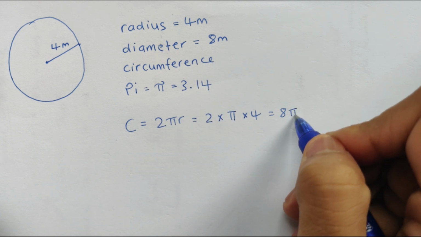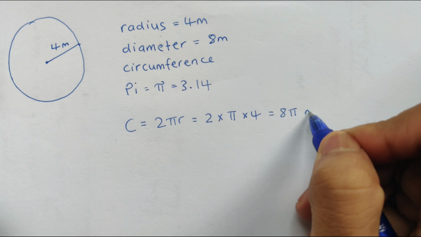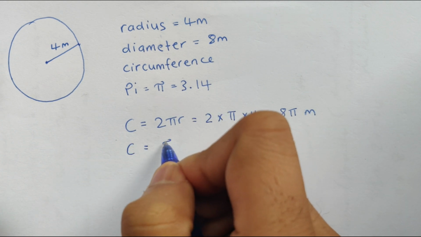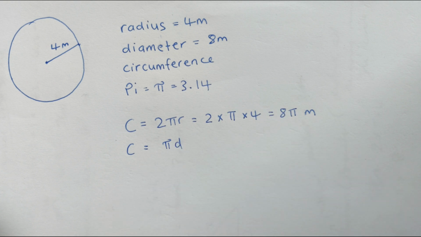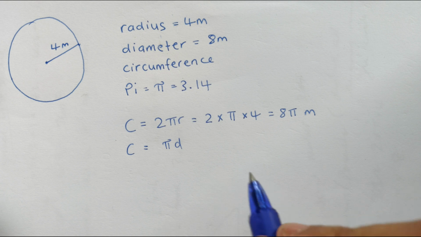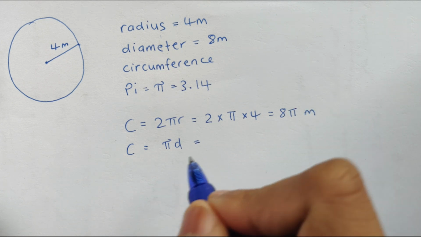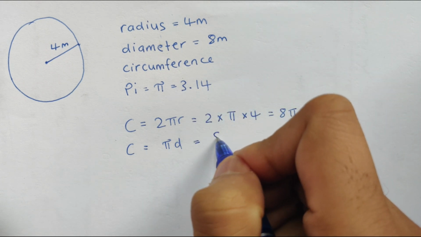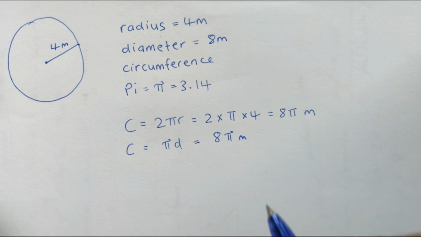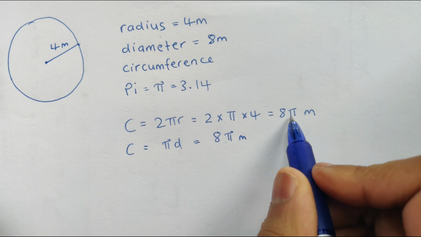So here we have 8 pi and a unit of meters. And the circumference can also be written as pi times the diameter, because 2r is equal to our diameter. So doing this, we get diameter of 8 meters, so it's 8 and our pi, so 8 pi meters. And we have the same answer here and there.